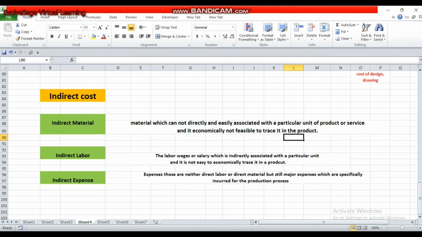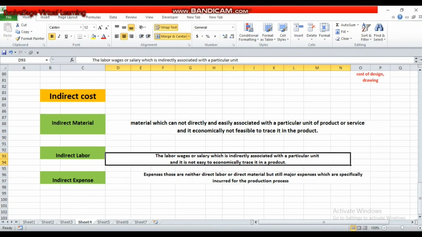So their time and amount will not be included in direct labor because they are not directly involved in the production process. Like if we talk about an inspection officer or quality control officer, the amount which we pay them as a salary or labor will be called indirect labor.